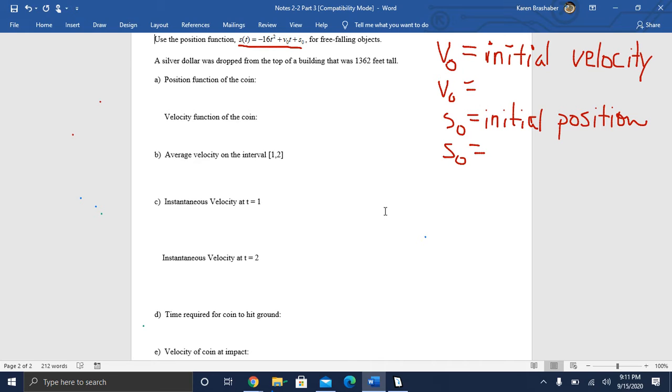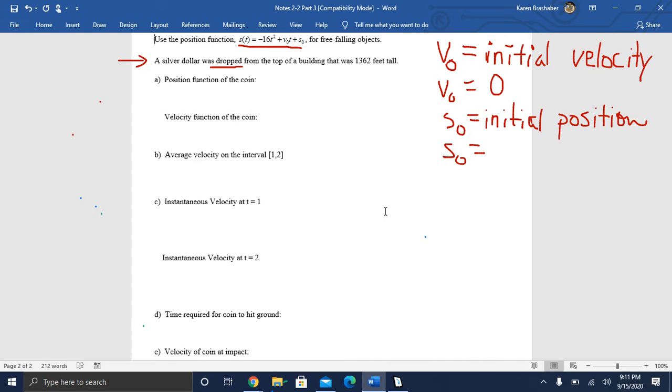So this problem is about a silver dollar dropped from the top of a building. So something that is dropped starts off with an initial velocity of 0.